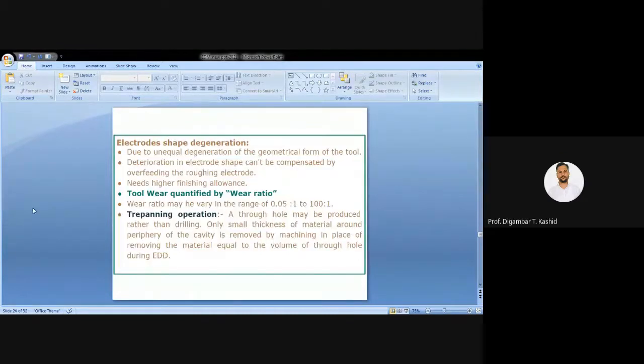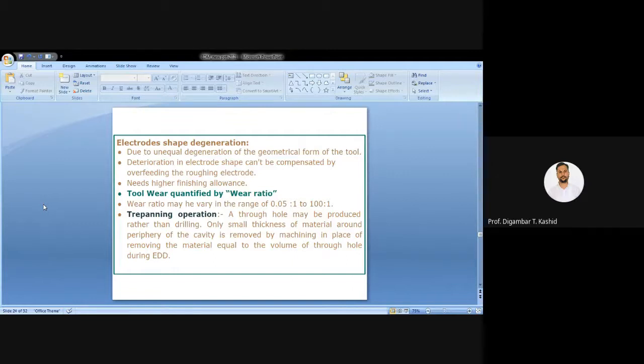The next topic is electrode shape degeneration. Due to unequal degeneration, suppose you have taken a cylindrical tool. At the corner of the tool the relative field intensity will be more, so radius formation will occur at the corner.